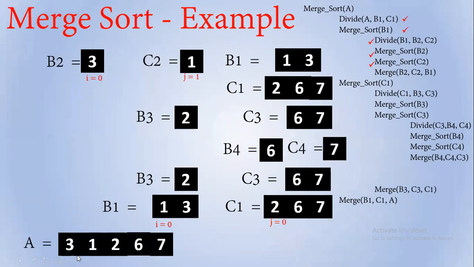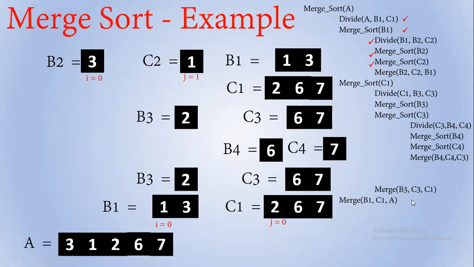This is the original array which was given to us to sort. So we merge sort B1 and merge sort C1 to get these two, 1, 3 and 2, 6, 7. The final step is to merge B1 and C1 back to A.